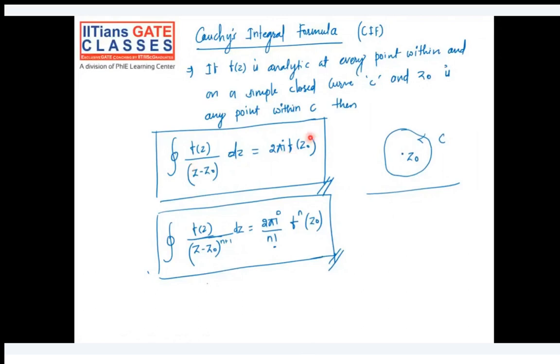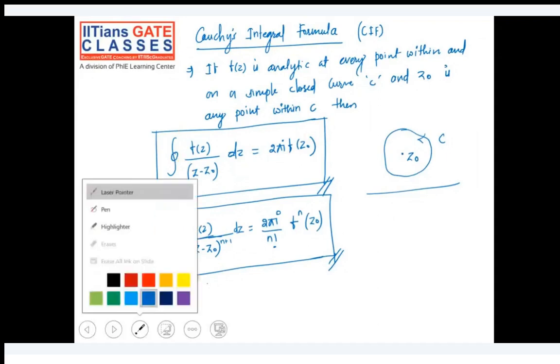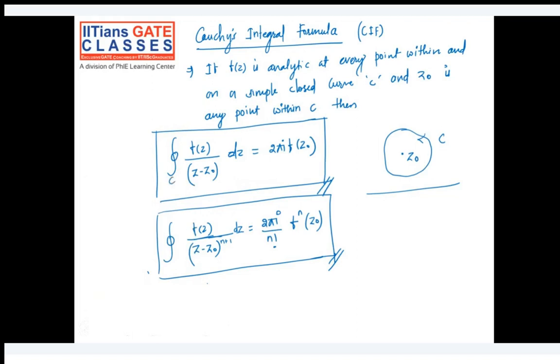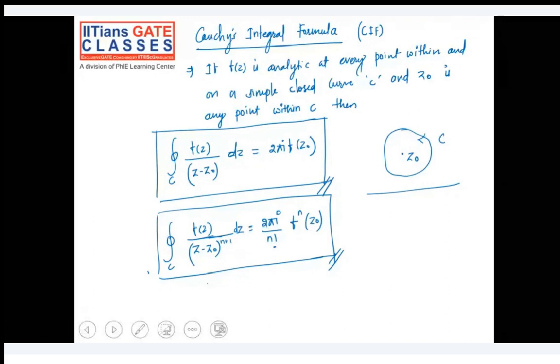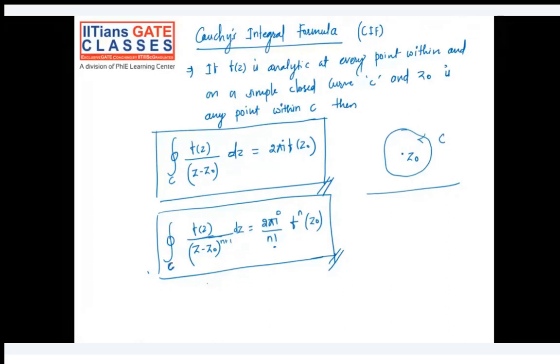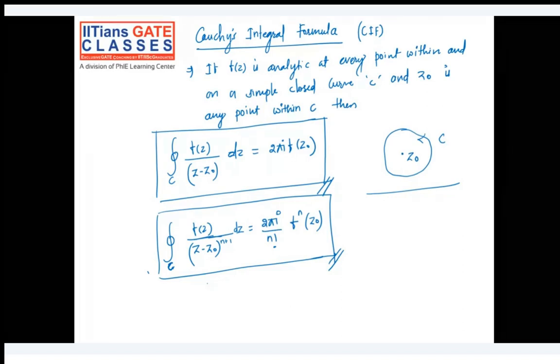Write down the formula: integration over a closed curve C of f of z divided by z minus z naught dz is equal to 2 pi i f of z naught, and integration over closed curve C of f of z divided by z minus z naught raised to the power n plus 1 dz is 2 pi i divided by n factorial times the nth derivative of f at z naught.